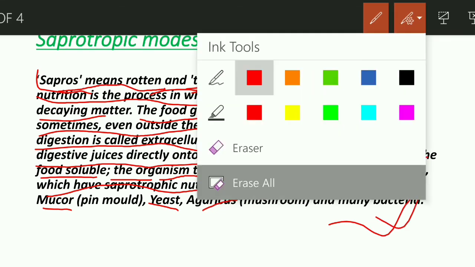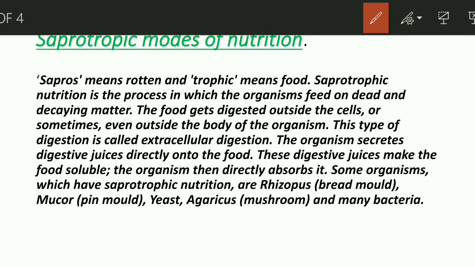Okay, so after reading this, you may have understood that mushroom is also a saprophyte. You should know, my friends, that only some varieties of mushroom are edible and the others are not.